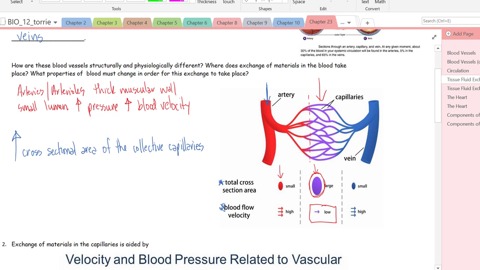There's so many of them that their collective cross-sectional area increases, leading to, so increased cross-sectional area of the collective capillaries leads to a decrease in blood pressure, and therefore ultimately a decrease in blood velocity, allowing exchange to take place.